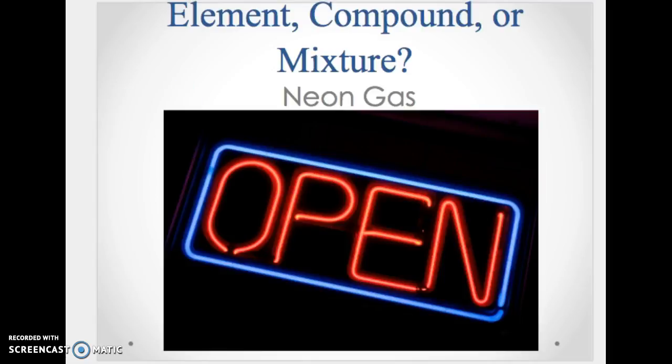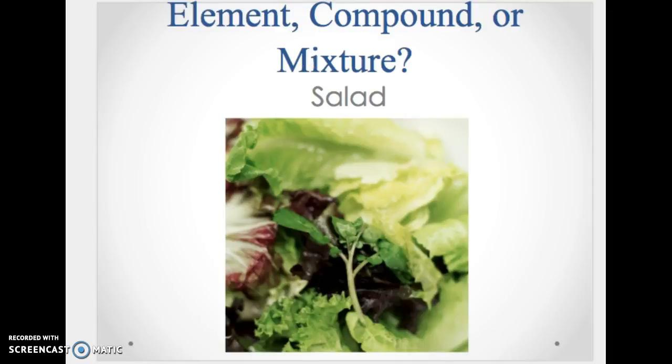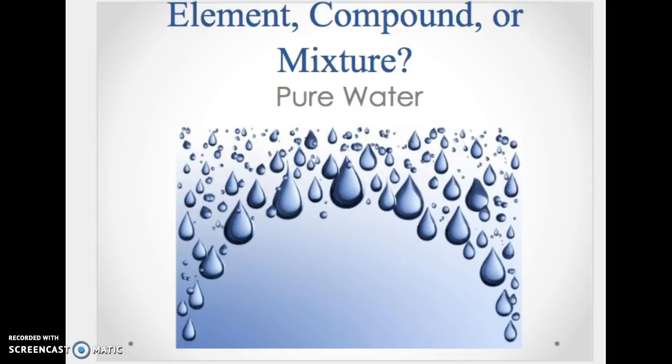Okay, what about neon gas? What would that be? Duh, it's in the name, neon. It is an element, okay? A salad, I use this example. It is a mixture, okay? Pure water, keyword pure water. What would that be? You should know that that is a compound, H2O, okay?